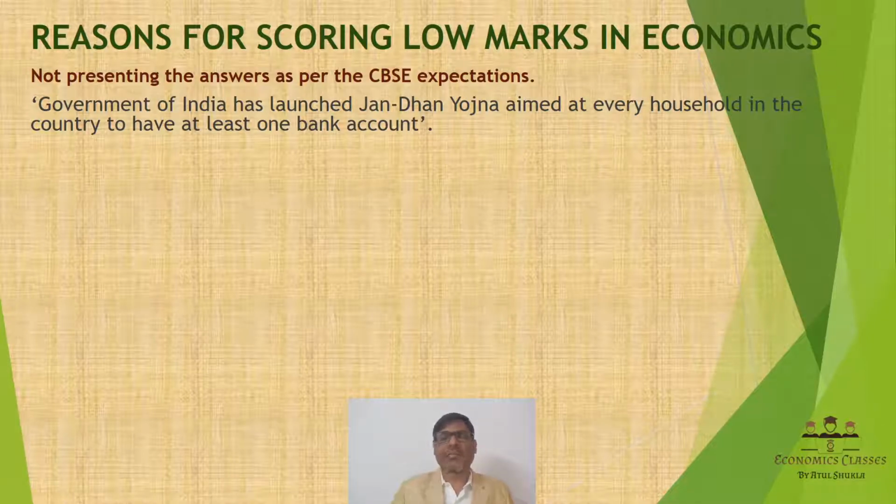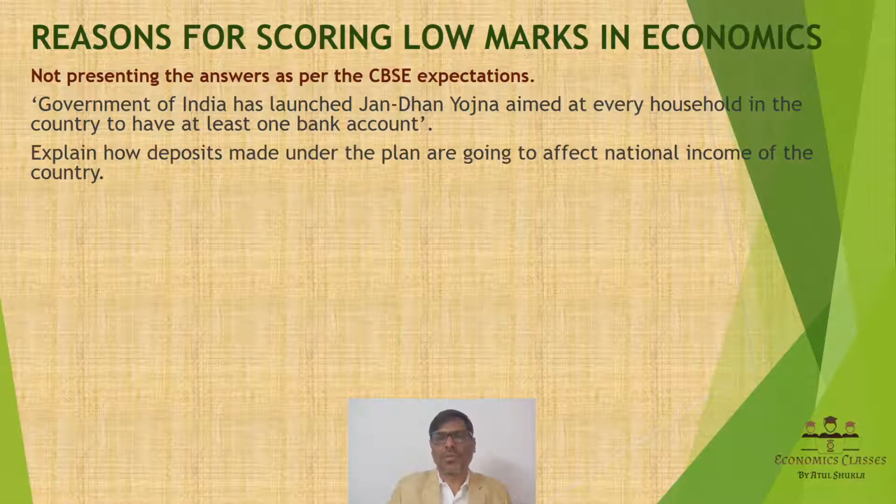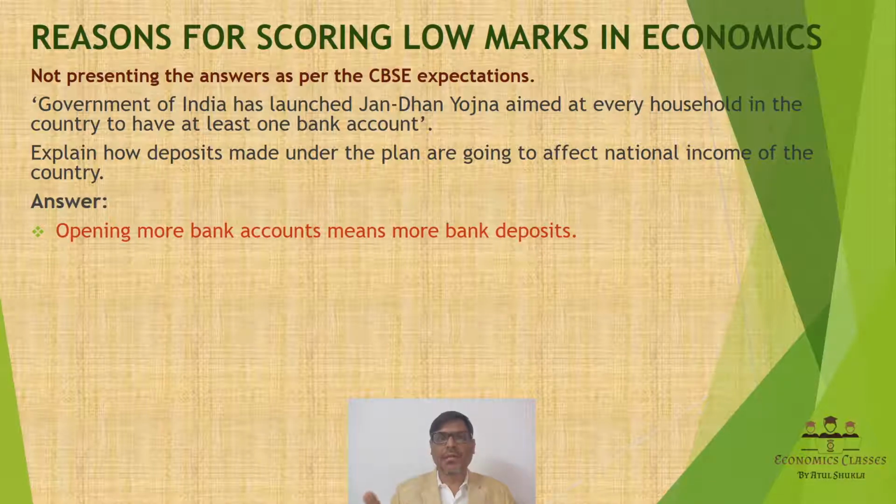I'm giving an example here. Government of India has launched Jan Dhan Yojana, aimed at every household in the country to have at least one bank account. Now explain how deposits made under the plan are going to affect national income of the country. So see, what would be the probable answer here? Number one, opening more bank account means more bank deposits.